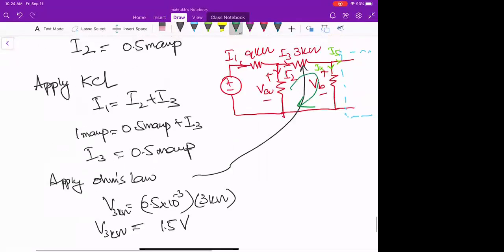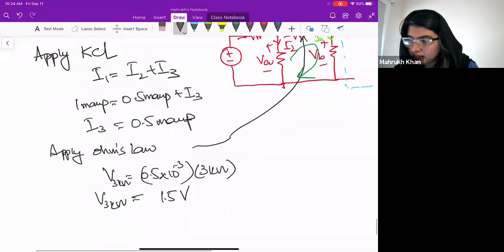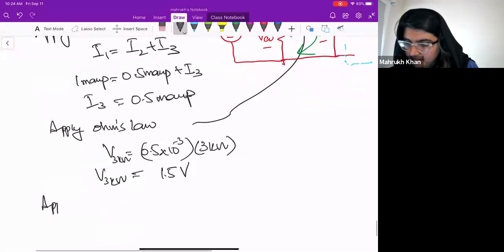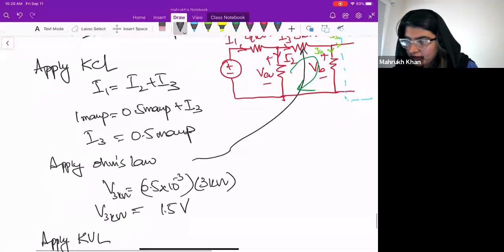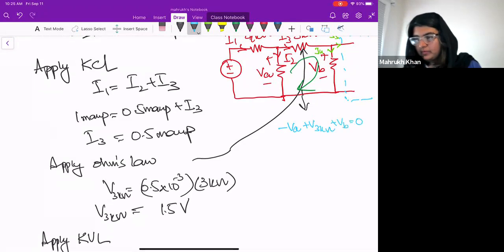So I will apply KVL and write it like this. So the equation, if I apply KVL, will be minus VA plus V3 kilo ohms plus VB is equal to 0, right?